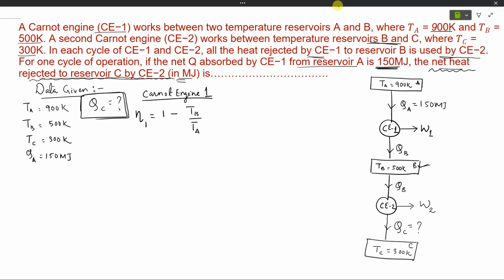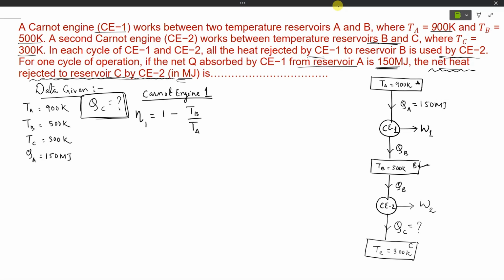As we know, Carnot engine gives the maximum efficiency, so when we consider the maximum efficiency, we have to consider 1 minus TB by TA.